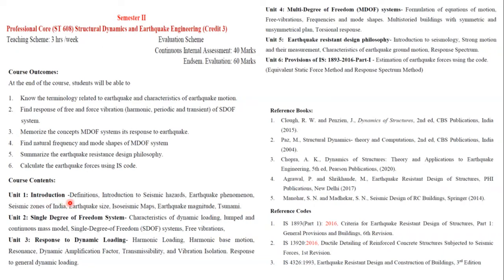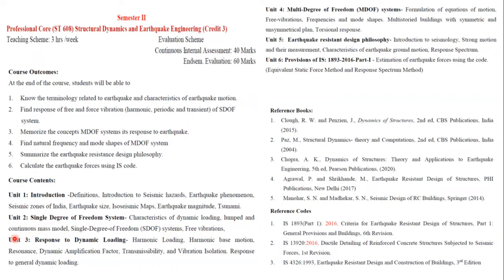It includes definitions, introduction to seismic hazards, earthquake phenomenon, seismic zones of India, earthquake size, isoseismic maps, earthquake magnitude, and the concept of tsunami. Unit number 2 is titled single degree of freedom system. It includes characteristics of dynamic loading, lumped and continuous mass model, single degree of freedom systems, and free vibrations.